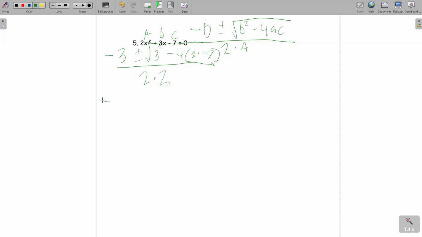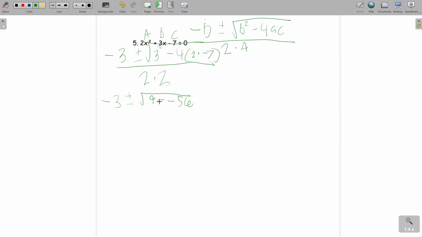And so when we simplify, we go, okay, negative 3 plus or minus, and then under the square root we have 9, because 3 squared is just 9, 3 times 3, minus, and then this would be a negative 56, because 2 times negative 7 is negative 14, then that times 4 gives us negative 56.